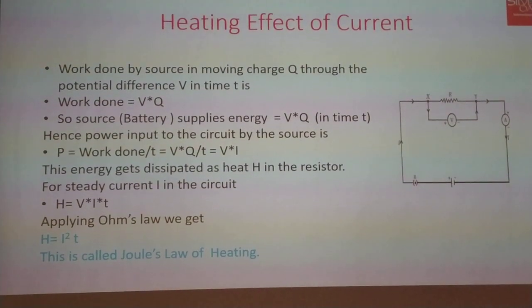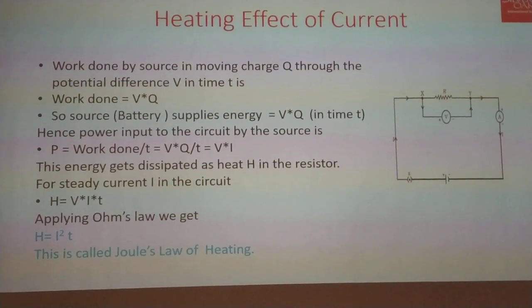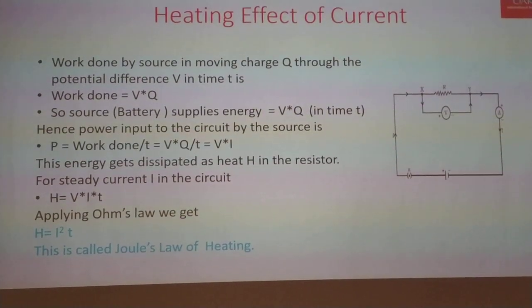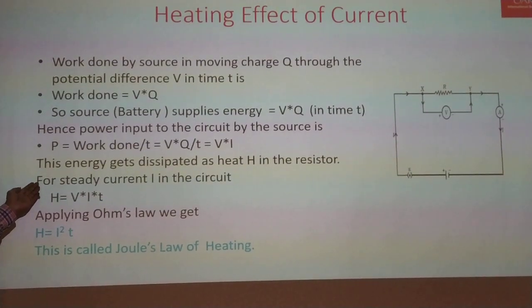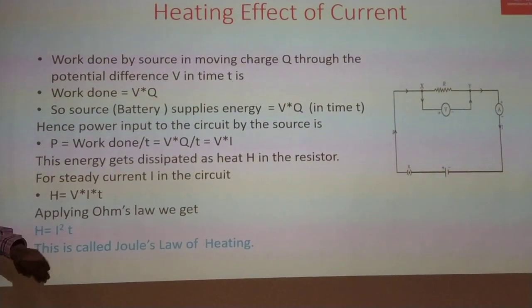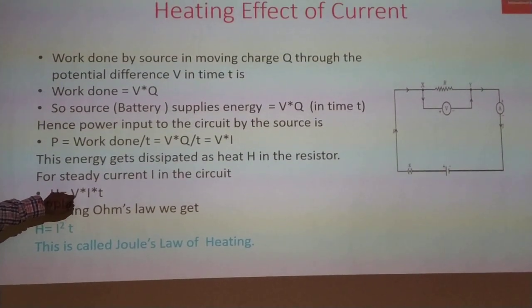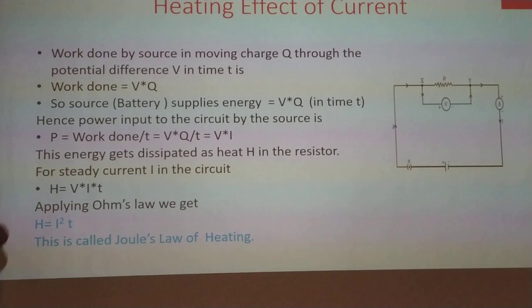So where is this energy going? This energy goes in the form of heat in the resistor. When the current I is constant, steady, the heat energy H is equal to V into I, that is the power, multiplied by time.